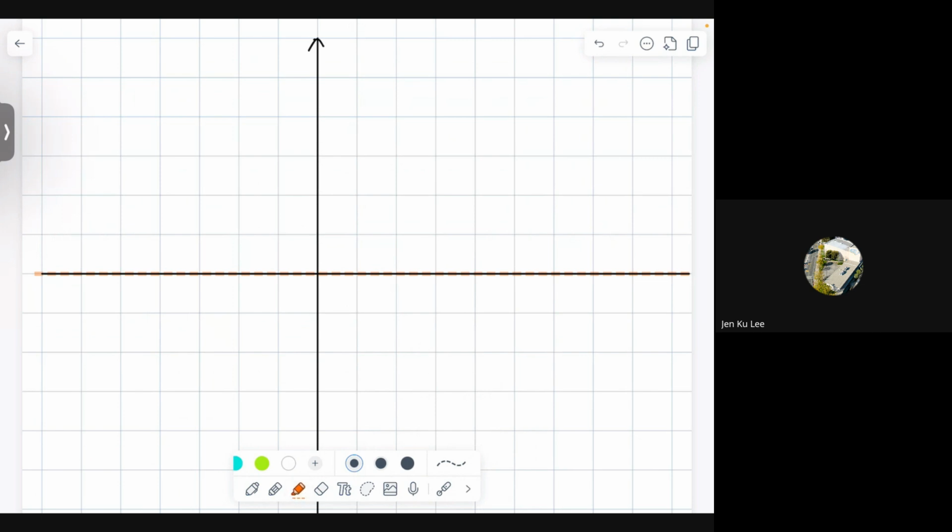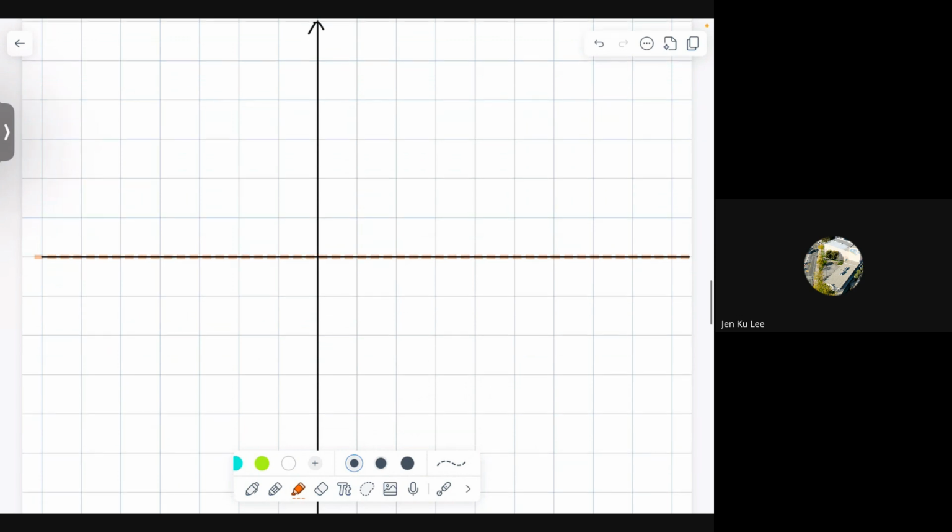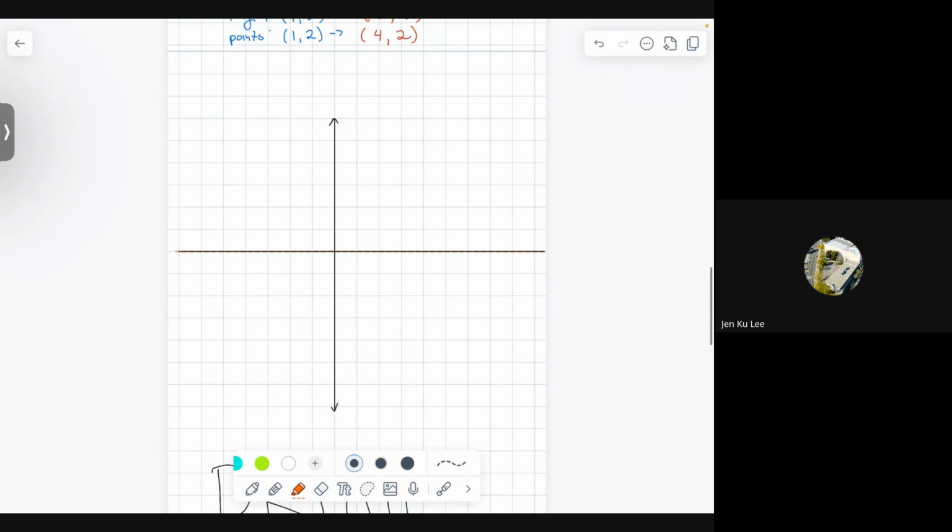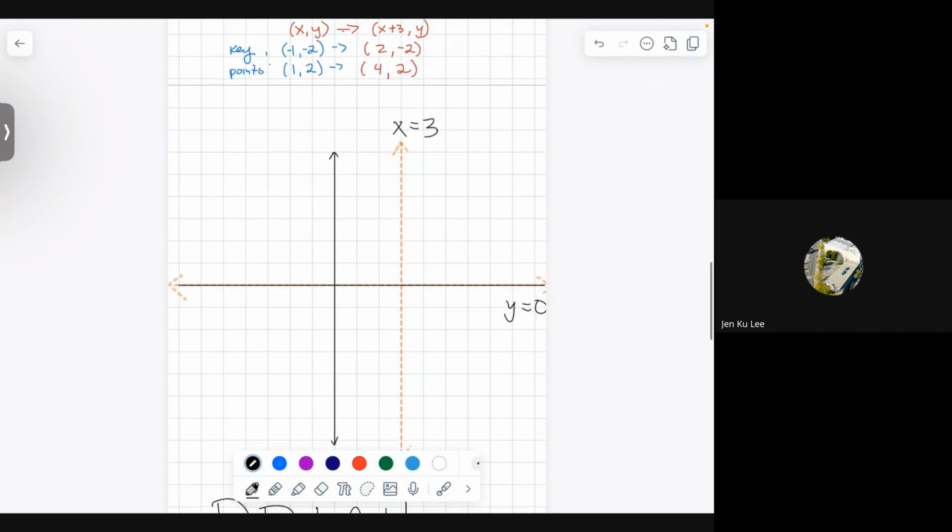And then x equals 3 is my vertical asymptote. So that is x equals 3 and y equals 0.